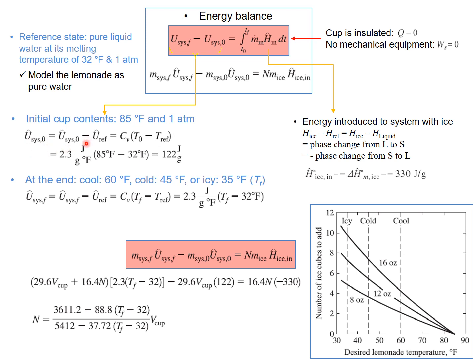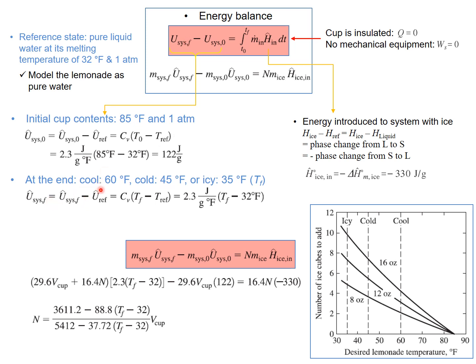The initial internal energy minus reference internal energy is equal to, as you know, constant volume heat capacity times the temperature difference. This value comes from the given value like that, and 85 Fahrenheit is the initial situation, minus reference, then we could calculate it. And then let's go to the final, the end one.